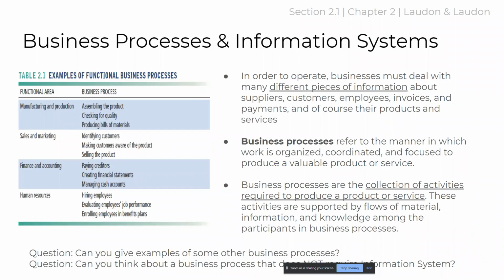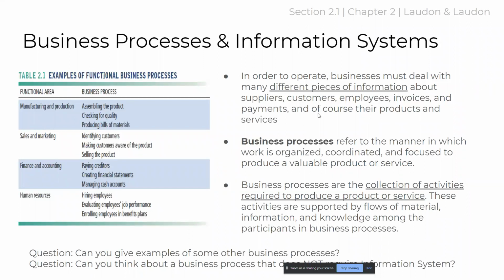So first thing first is a business process. If there is no business process, then information systems cannot really make anything efficient, because it's not about just buying software and thinking it's just going to work on its own. You need to first have a business process, and only then can you think about what parts of it you can automate or make more efficient with the use of information systems.